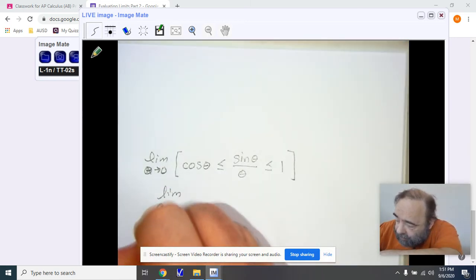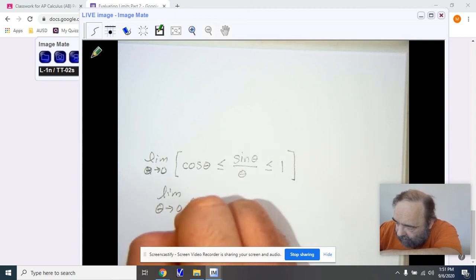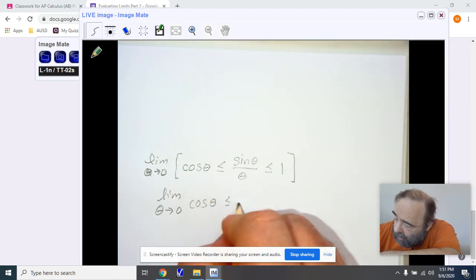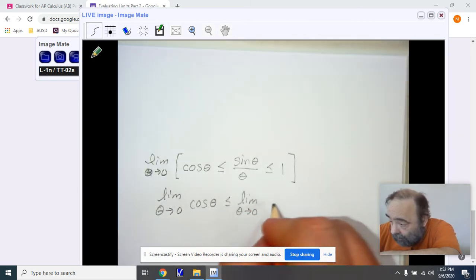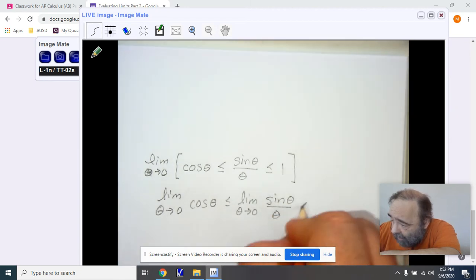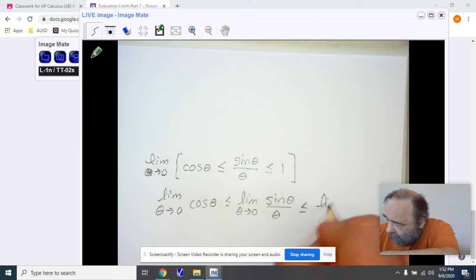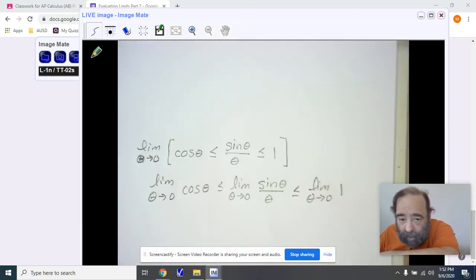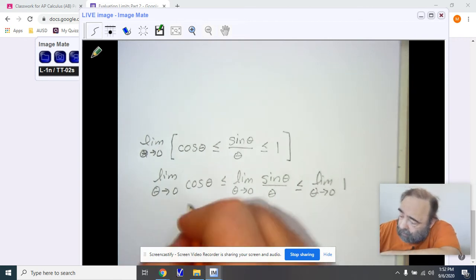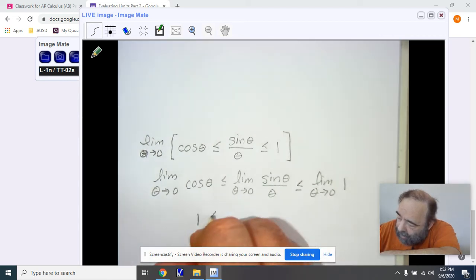The limit as theta approaches 0 of cosine of theta is a transcendental function. 0 is in our domain, so we can plug it in. The limit as theta approaches 0 of sine of theta over theta is the one we're trying to figure out. We don't know what that is yet. And we have the limit as theta approaches 0 of a constant 1. Let's do our transcendental. What is the cosine of 0? 1.